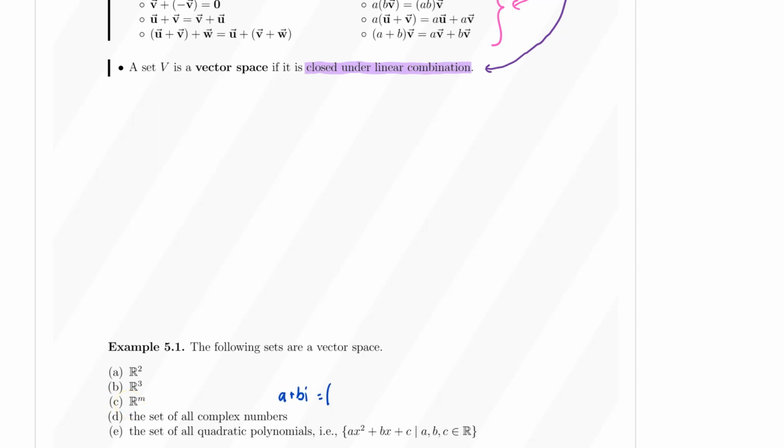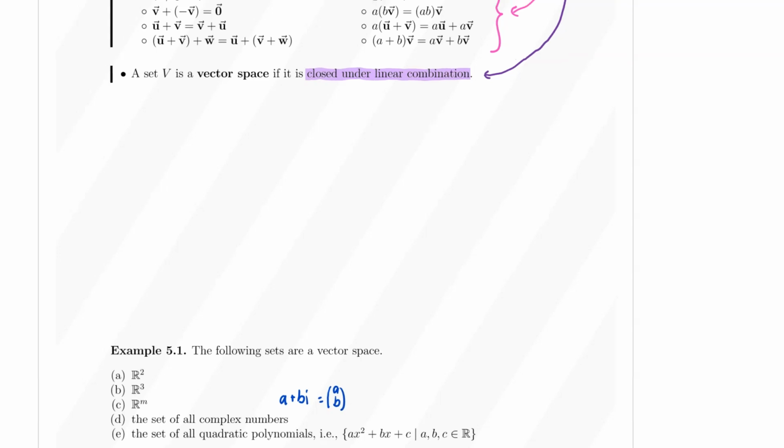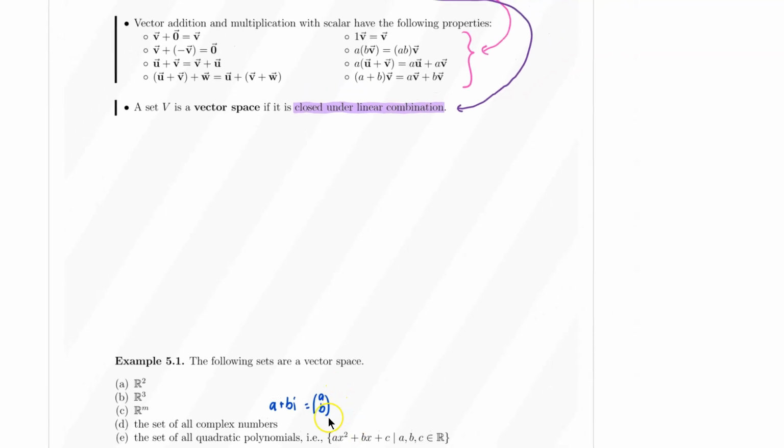I can just write this as the vector ab. And then my vector ab here would have all the properties that I have up here and they are closed under linear combination. Or if I have all polynomials ax squared plus bx plus c, I can just think of this as a vector abc. And it would still have all the properties that I have up here.